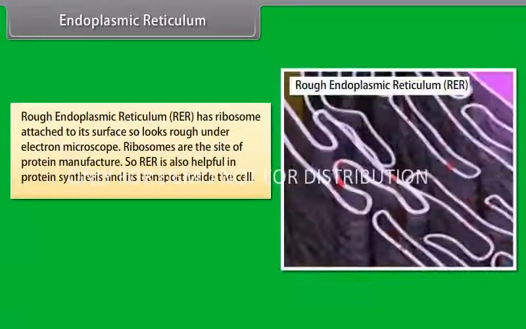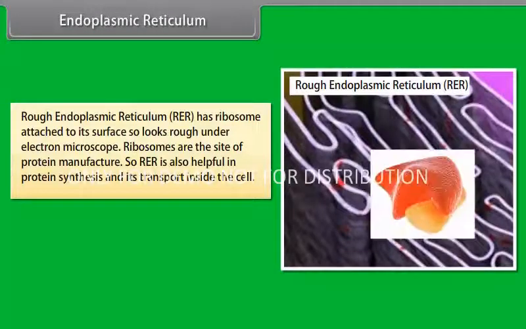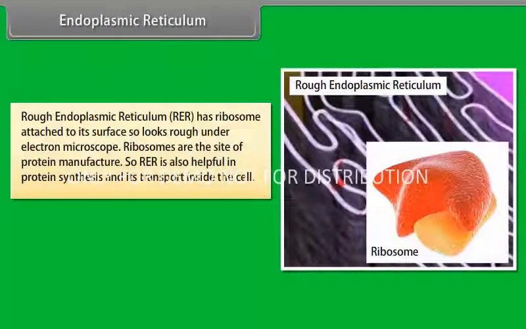Rough endoplasmic reticulum, RER, has ribosomes attached to its surface, so it looks rough under the electron microscope. Ribosomes are the site of protein manufacture, so RER is also helpful in protein synthesis and its transport inside the cell.